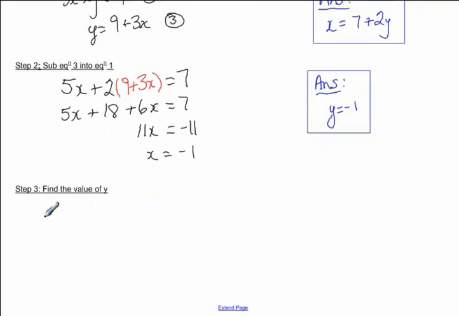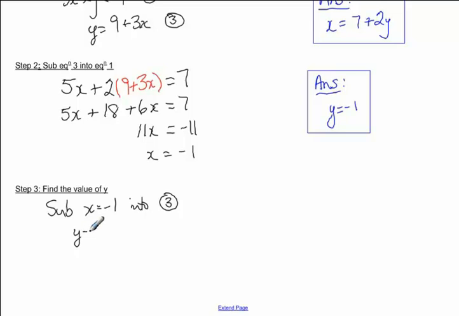Step 3 is to find the value of y. In order to do that, I'm going to sub x equaling negative 1 into either of the original equations, and I'm actually going to sub it into equation 3 because it's already isolated for y.